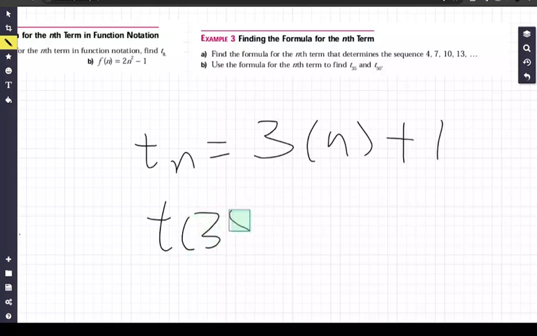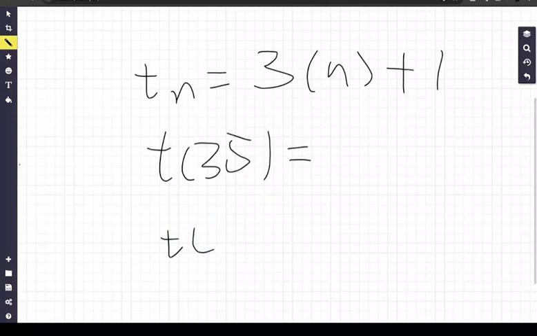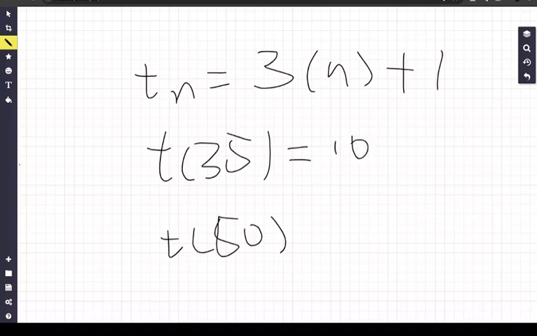Sometimes I dislike this part because there's no way to check except trusting our formula, which is a little sad, but that's okay. T35 is 3 times 35, which is 105 plus 1, giving us 106. T50 is 3 times 50, which is 150 plus 1, 151.